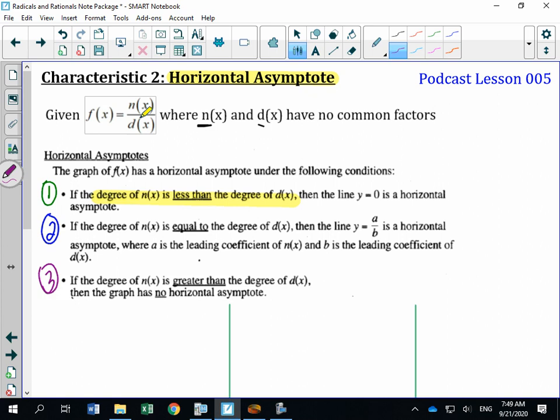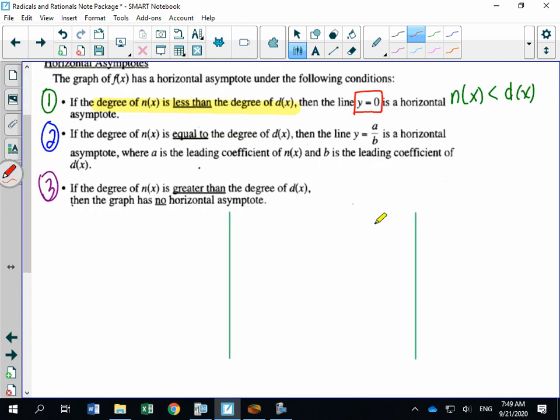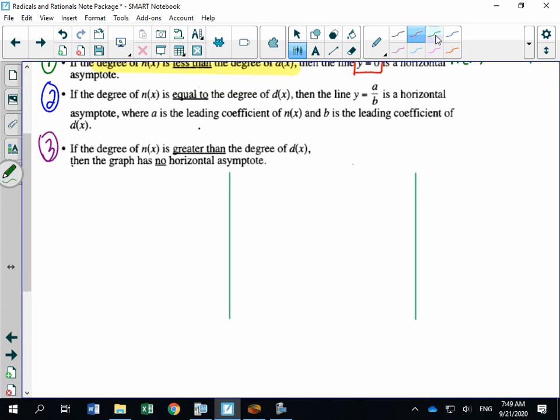For situation number 1, if the degree of your numerator is less than the degree of the denominator, we are going to have a horizontal asymptote, and it is going to be at the line y is equal to 0. So the thing you have to memorize is that if the degree of n of x is less than the degree of d of x, we're going to have a horizontal asymptote at the line y is equal to 0. I'll show you an example of this. What would an example be?